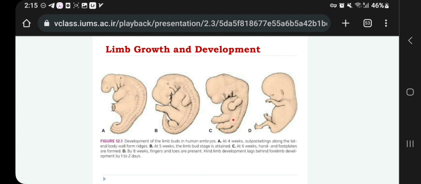But in the 6th week, we have a change of morphology of the limb. Here you can see the distal part of the limb start to become flattened and form a hand plate. There's a hand plate, and in the foot, we say the foot plate.